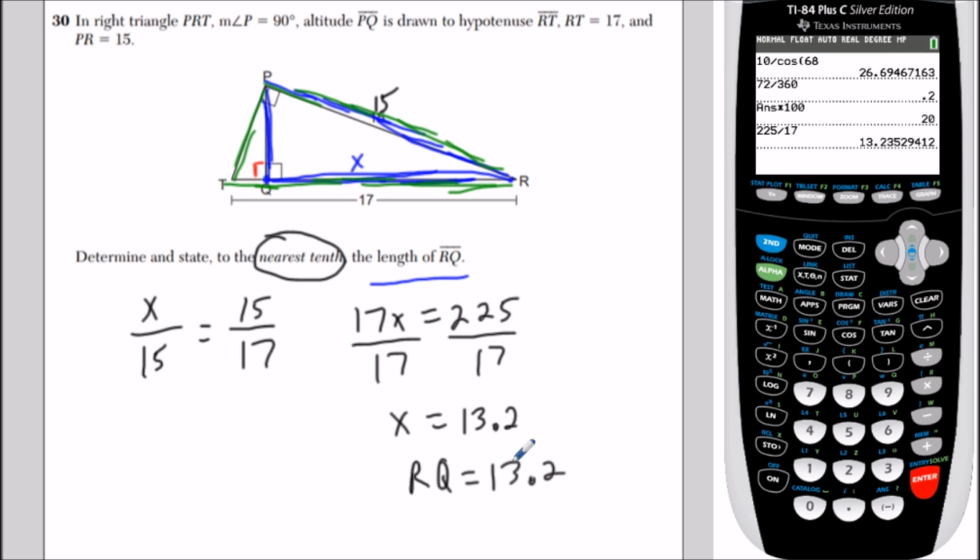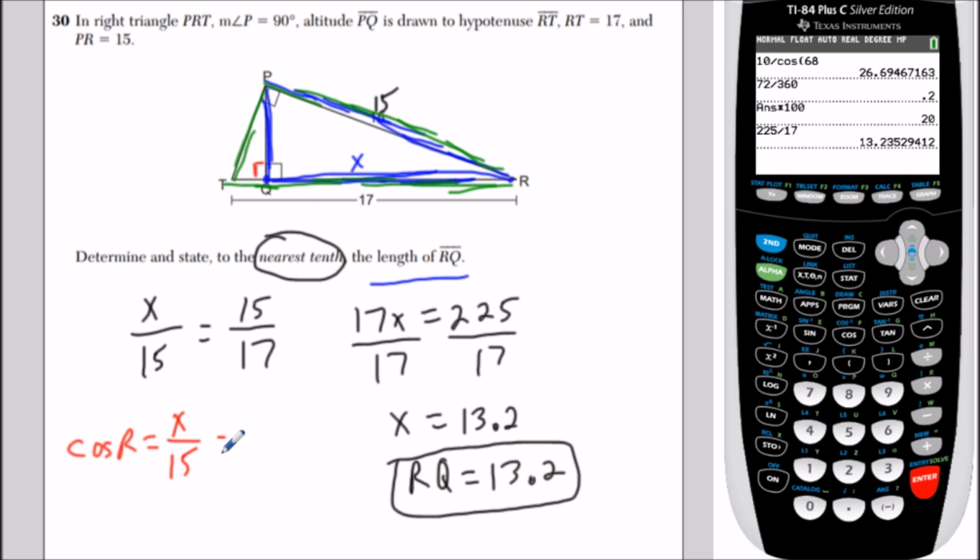Now, one other detail to mention, another way of interpreting this question is that since the blue and green triangles are similar, that means their trig ratios have to match. So if I look at cosine of R, we'll do this for the blue triangle first. Cosine of R would be X over 15 because X is the leg adjacent to R and 15 is the hypotenuse.